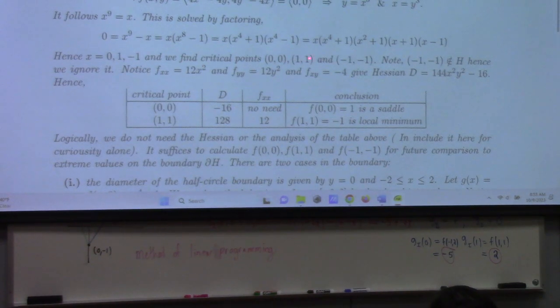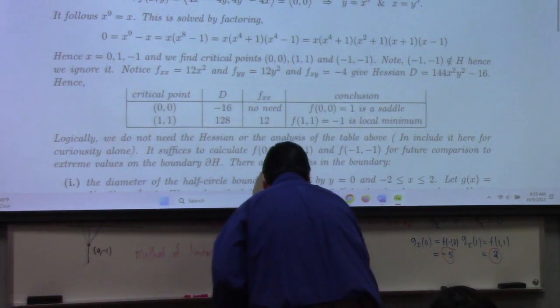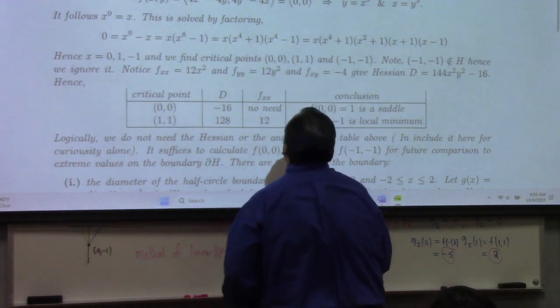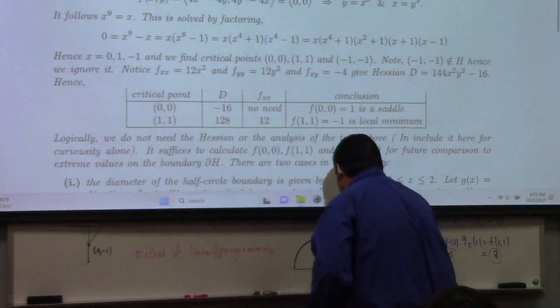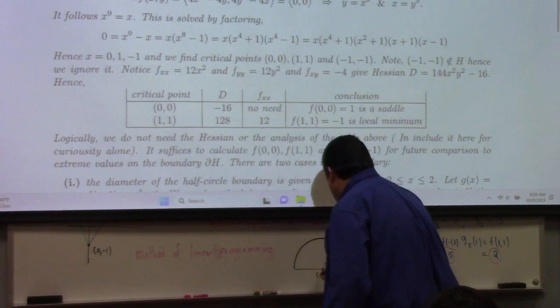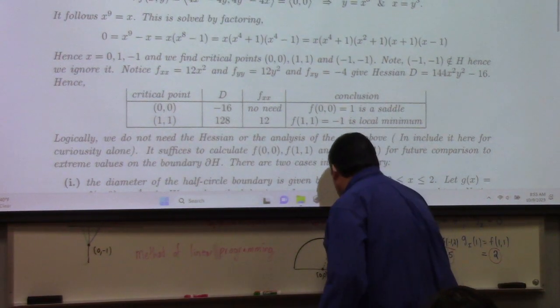And what is h? Maybe it's good to draw a picture of it. H is this half circle kind of deal, right? This is radius 2, right? So 0, 0 is down here. And what was the other one? 1, 1, well, that's up here somewhere.